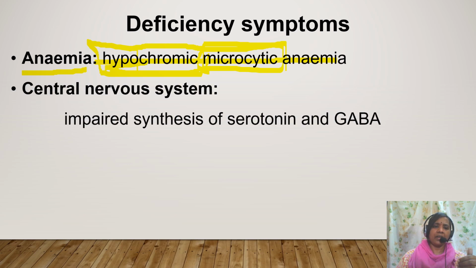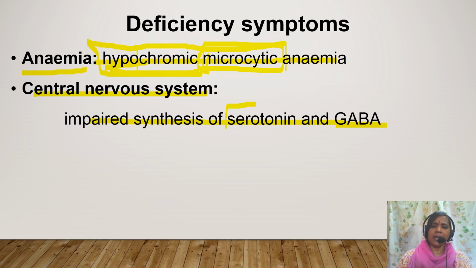Okay, then the deficiency also affects the central nervous system. Why the central nervous system? If you remember, this vitamin is required for protein metabolism. And in case of the amino acids, there will be an impaired synthesis of the neurotransmitters serotonin and gamma aminobutyric acid, called GABA.